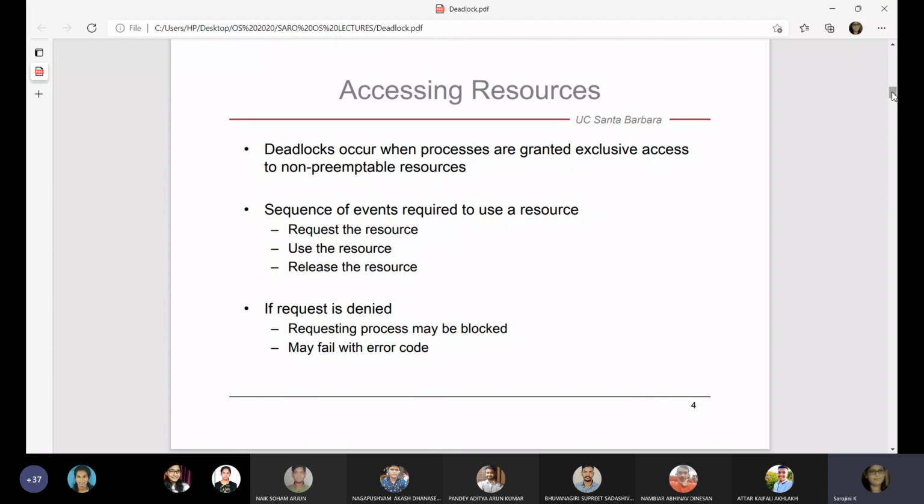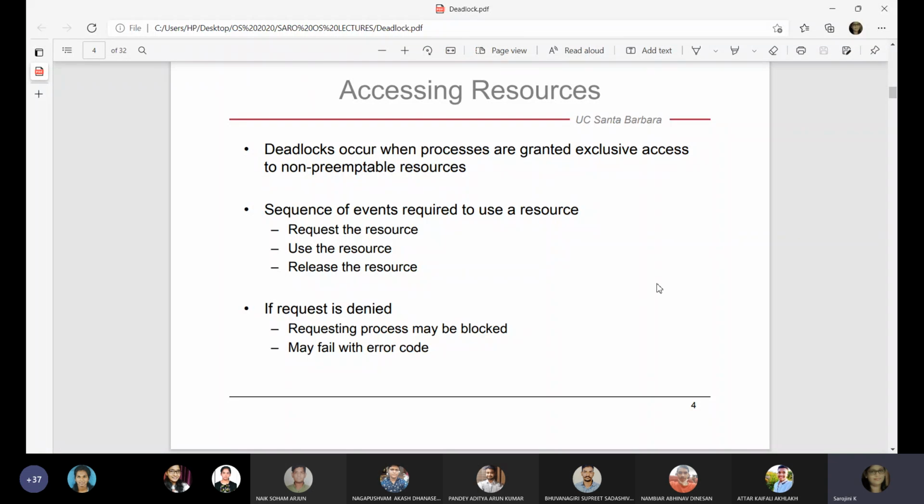But in some systems, the waiting time has a boundary. Suppose 2 milliseconds is the maximum waiting time. After 2 milliseconds, the system will fail, which means the request will be eliminated, and the process has to request again.